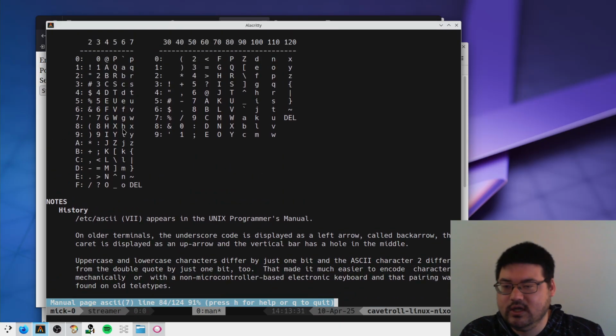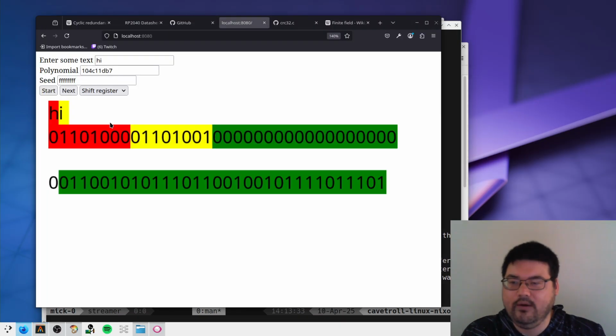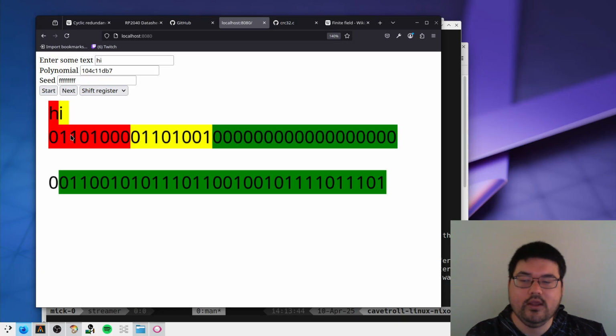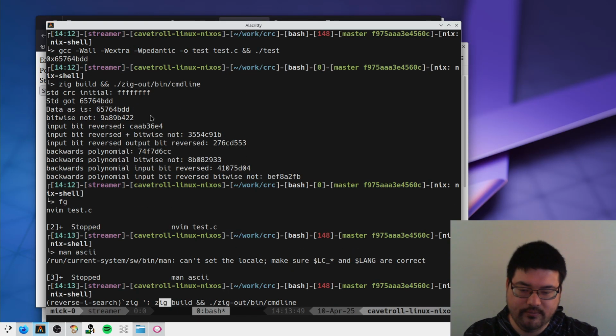We have an H here, so it's hex 68, right? We're assuming that the highest, most significant bit in the binary representation of hex 68 or whatever is the first thing that gets shifted in to the register, right?